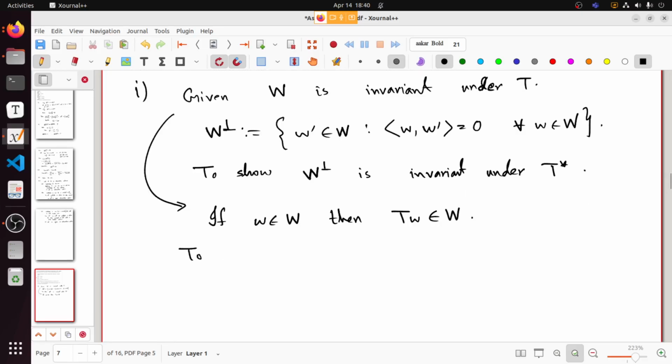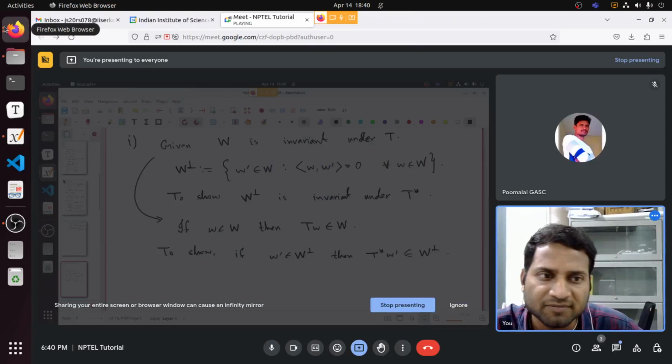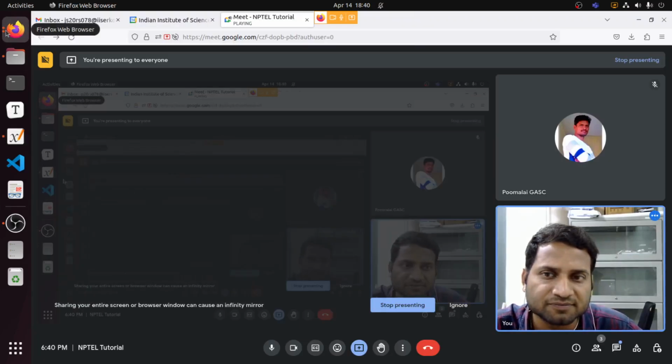So to show, if W' belongs to W perp, then T star of W' will belong to W perp. If W' is in W perp, then if you apply T star, it will again be in W perp. This is the definition of invariant. Did you get it?